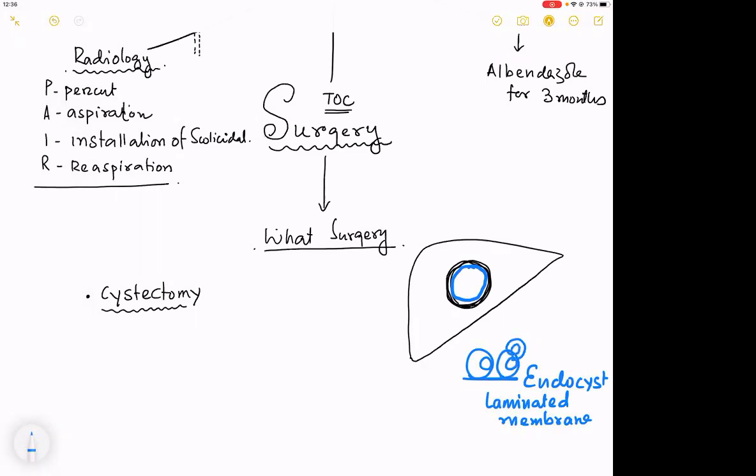This is the infectious layer of the parasite. Everything that is happening is inside the blue thing.